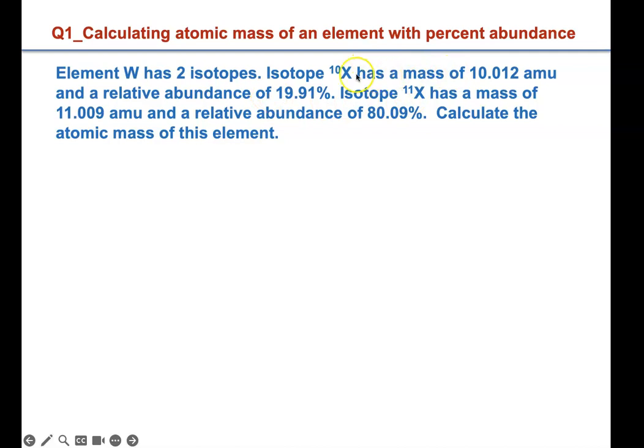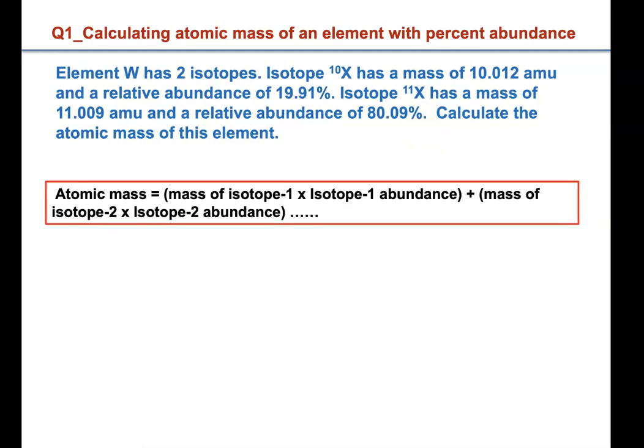The mass of X10 is 10.012 AMU and its percent abundance is 19.91. Isotope X11 has a mass of 11.009 AMU and a relative abundance of 80.09. Now, if you have only 2 isotopes, when you add these 2 percent abundances, they should equal 100%, and they do. And it's asking you to calculate the atomic mass of this element.